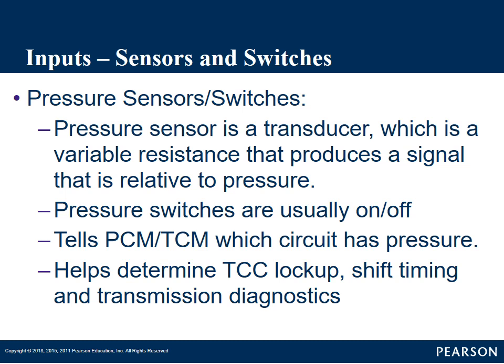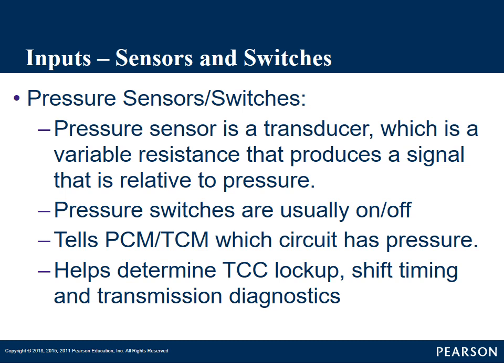When pressure increases, resistance may increase or may decrease, but it should work the opposite way once pressure decreases. That would be a pressure sensor. A good example is a line pressure sensor that you find on many of your newer electronic transmissions, so the vehicle can actually monitor what the actual line pressure is.